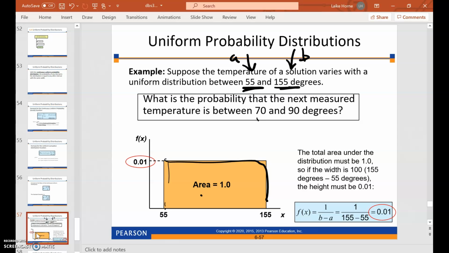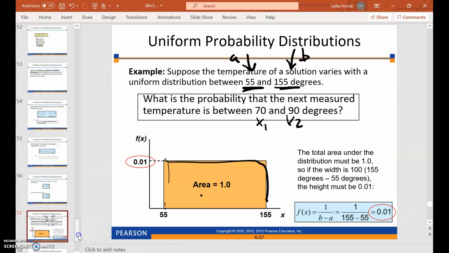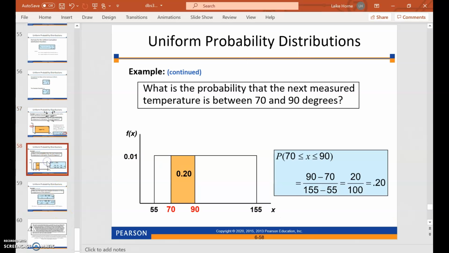Okay, this would be x1 and x2, and then we would plug that into the formula. So if you plug this into the formula, here is A and here is B. So that's the maximum and minimum values in this distribution.